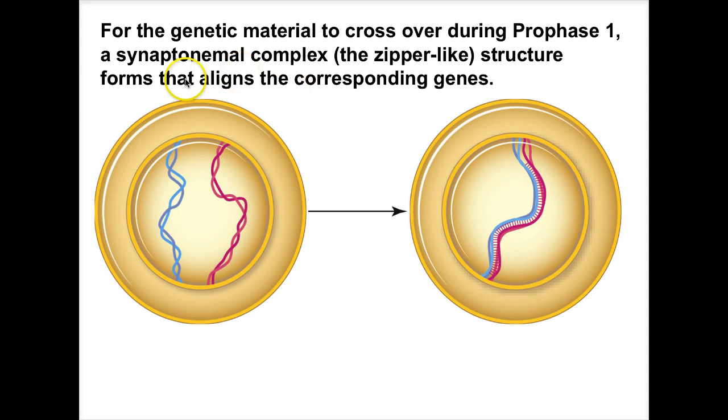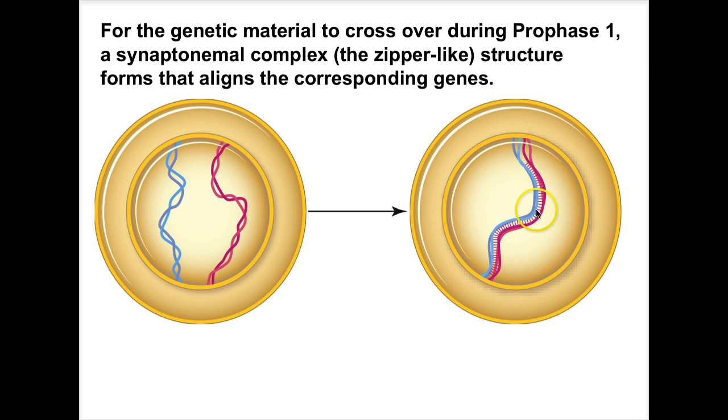So here we have our cell with the paternal genetic material and the maternal genetic material. The maternal genetic material is a chromosome made up of 2 chromatids. Same thing here with the paternal. And here we can see that the genetic material has synapsed or aligned. This ladder is what's called a synaptonemal complex.